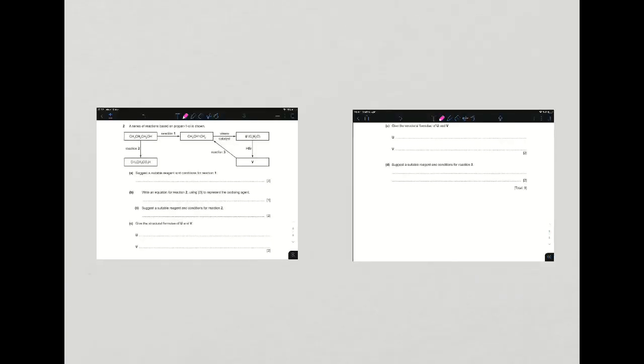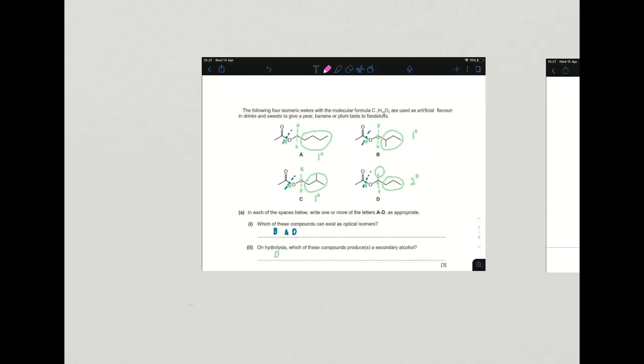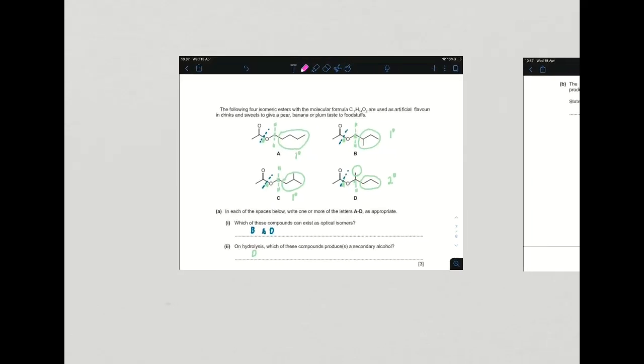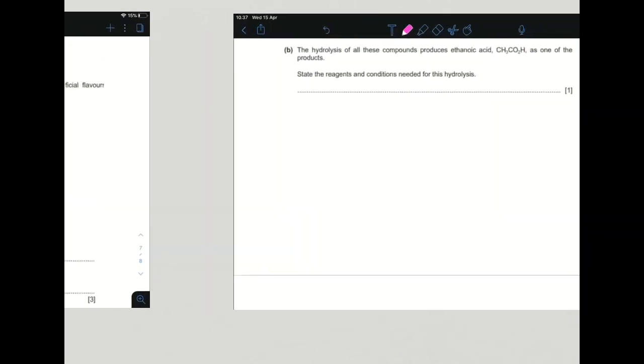The next question is here. The hydrolysis of this compound produces ethanoic acid as one of the products. State the reagent and condition needed for this hydrolysis. So basically they want the condition and the reagent.